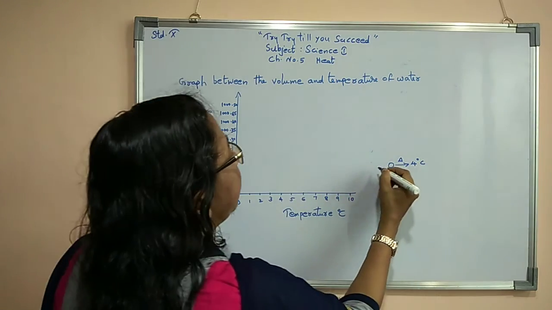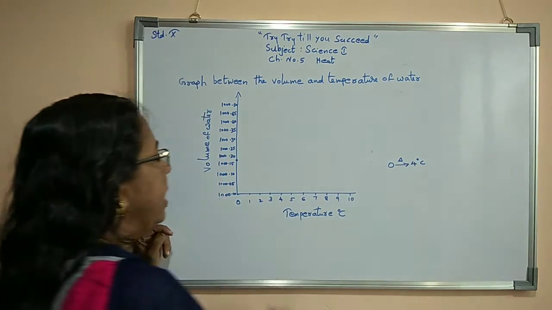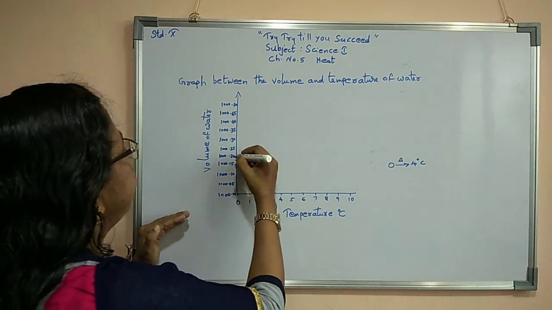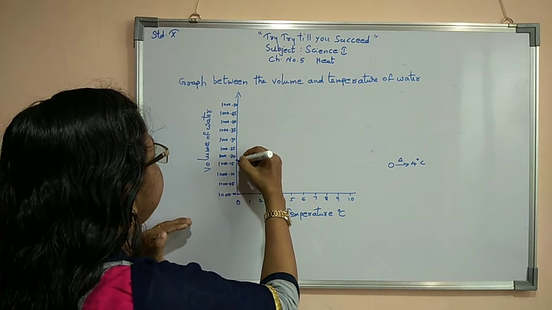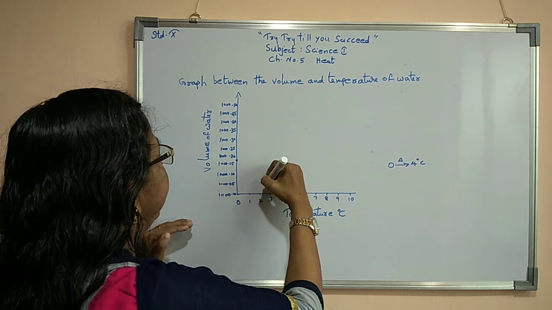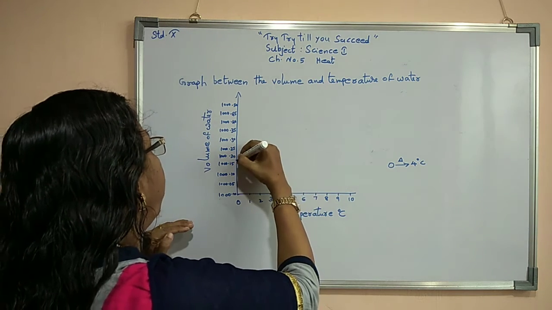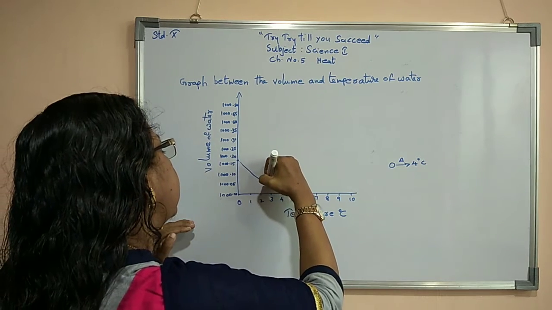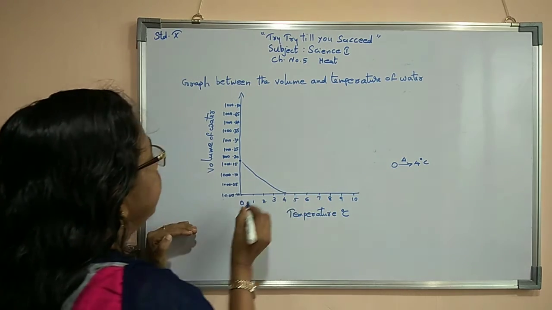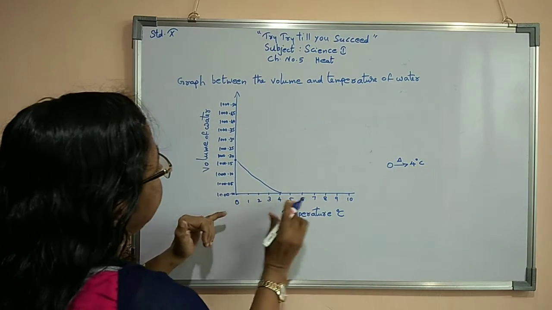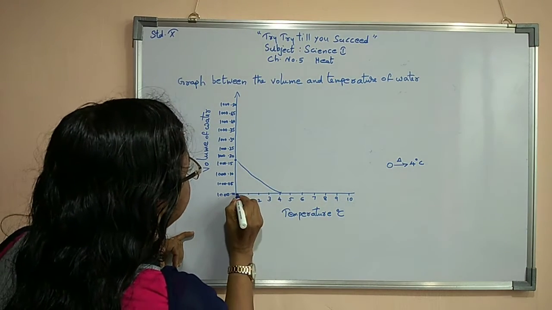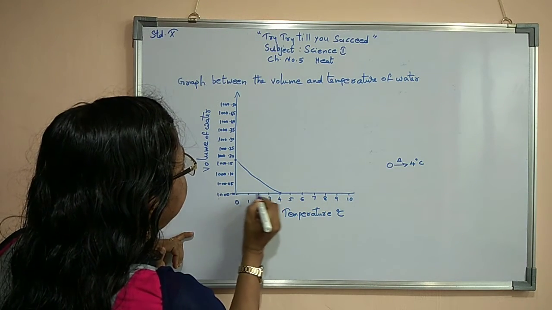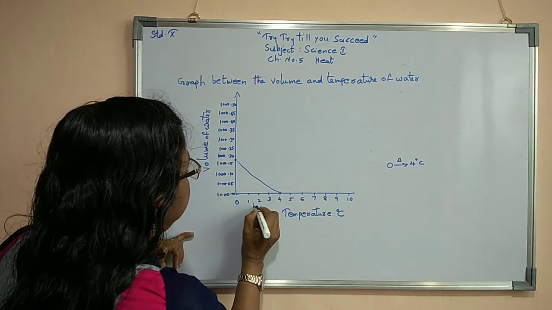Now afterwards we start heating it. As a result, its volume keeps on decreasing. Up to 4 degree Celsius, its temperature keeps on increasing. We are heating it from 0 degree to 4 degree Celsius; this is a heating process.